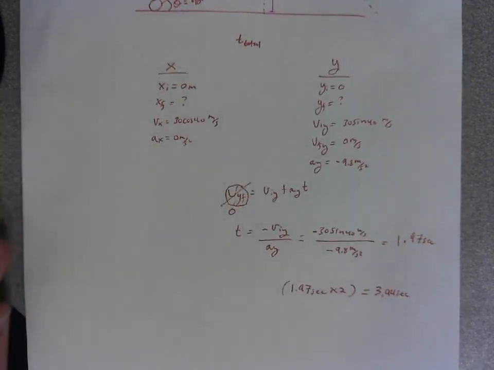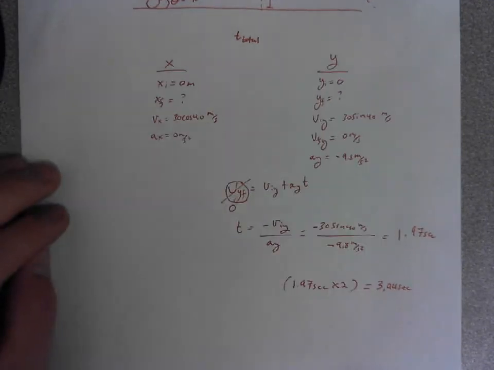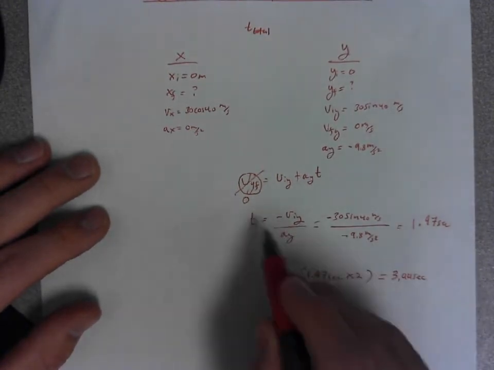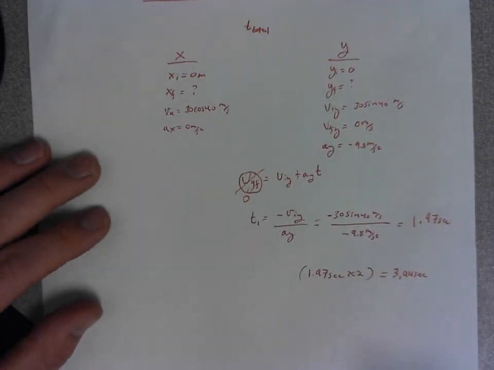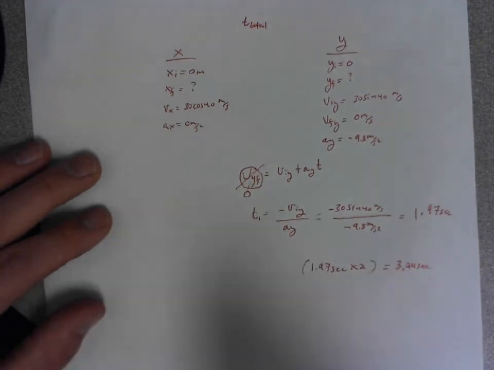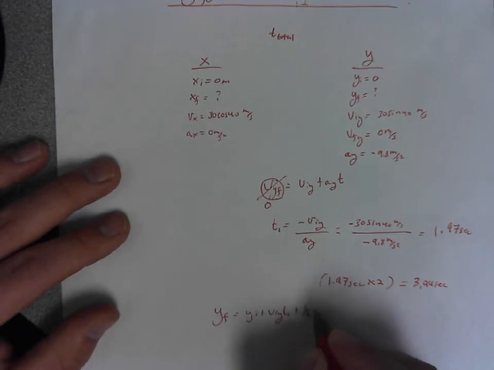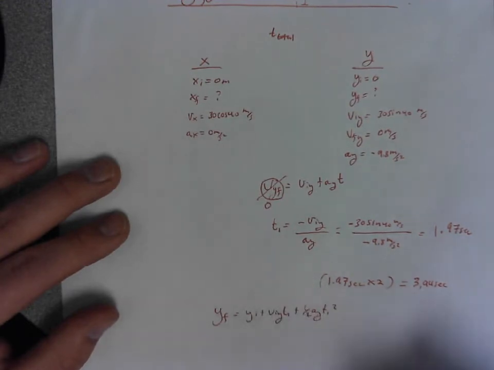Okay, we can extend this problem. Let's say there was a part B and it asks, how high off the ground did the ball get? Now that you know what your T1 is, how long it was in the air before it got to the top, you can easily plug that into something like this. Our favorite equation, right?